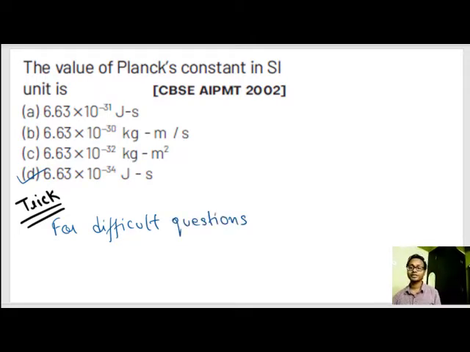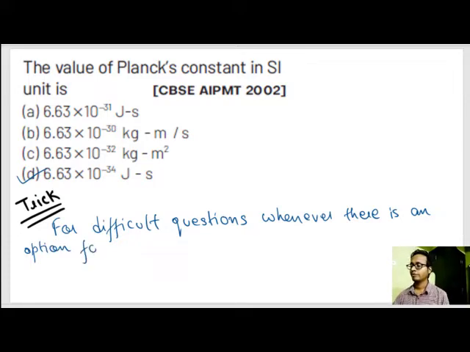For difficult questions, whenever there are one or more options with similar values, I am saying this softly because I don't want you to memorize this as well as the other things that I am teaching you.